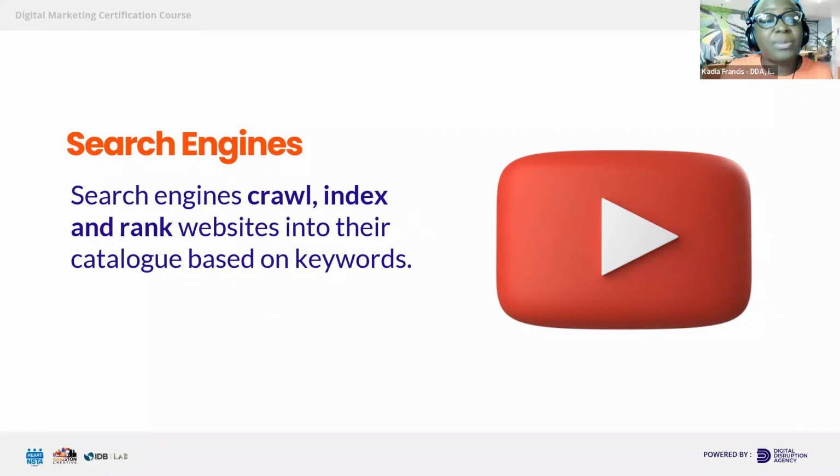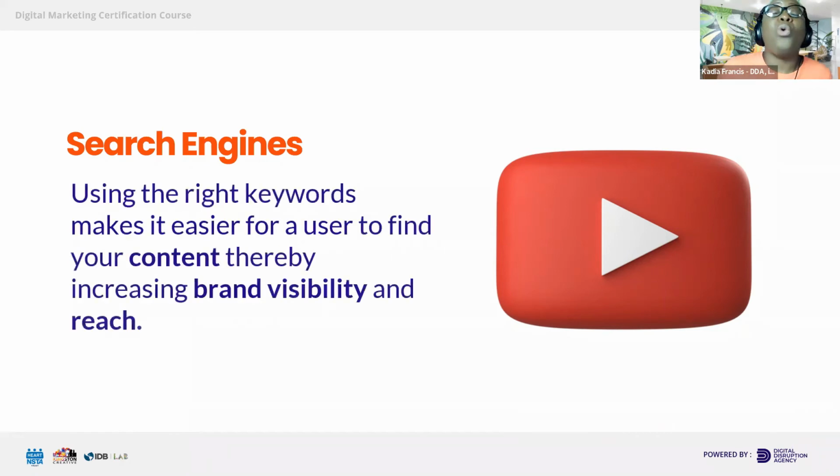So some other types are search engines. Search engines crawl, index, and rank websites into their catalog based on keywords. And when we look at search engine marketing and search engine optimization later on, we're going to go through that process so you can understand how it works, right? So what search engines do is use keywords or search terms to make it easier for you to find the content you're looking for, right?